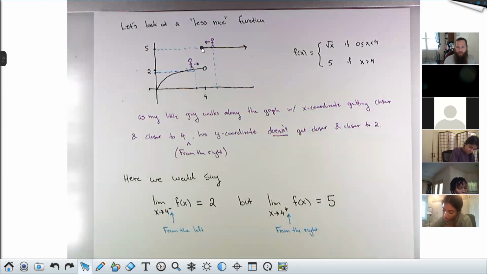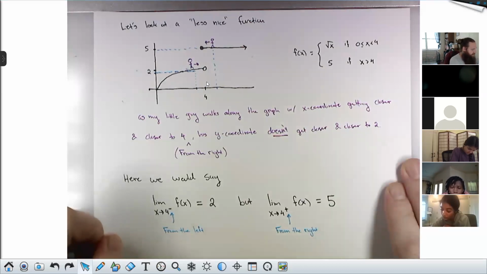So the answer to what f of x gets closer and closer to as x gets closer and closer to 4 depends on whether you're coming in from the left or coming in from the right. Therefore, I would not want to say, as x gets closer to 4, f of x gets closer to 2, because that's not always true. It depends on whether you're getting closer from the right or closer from the left.